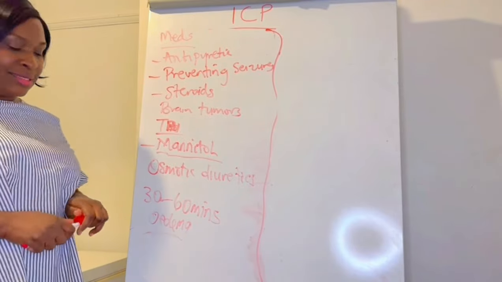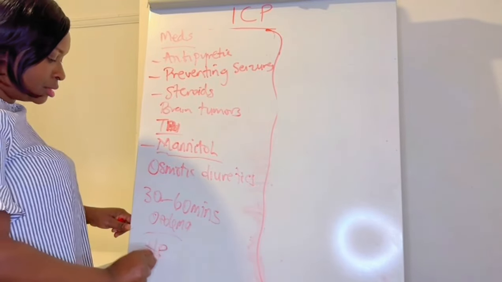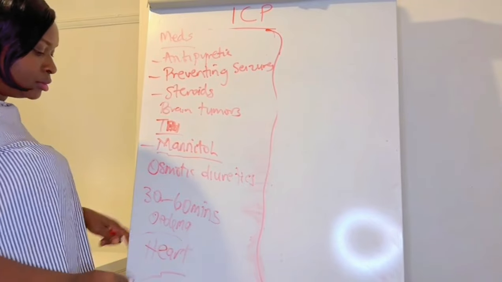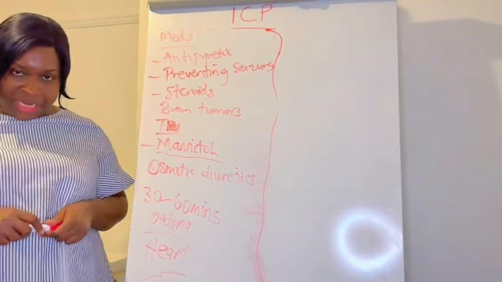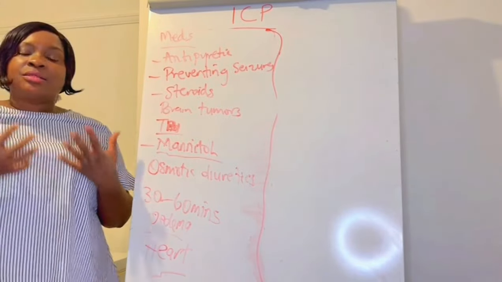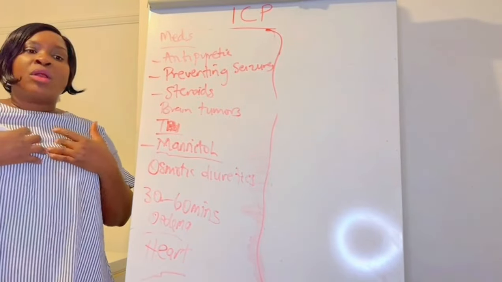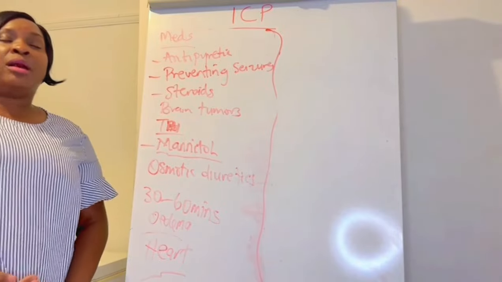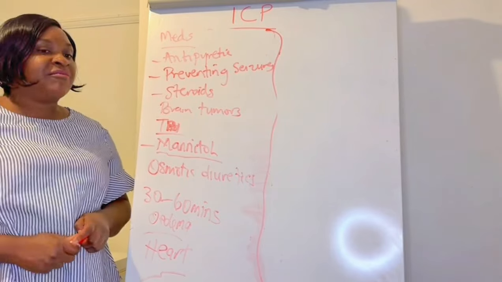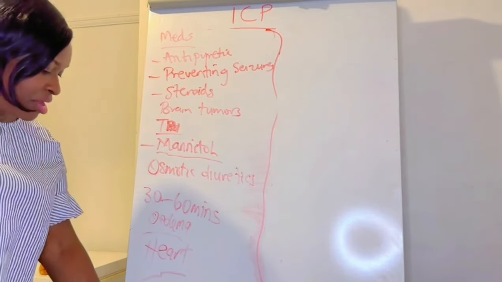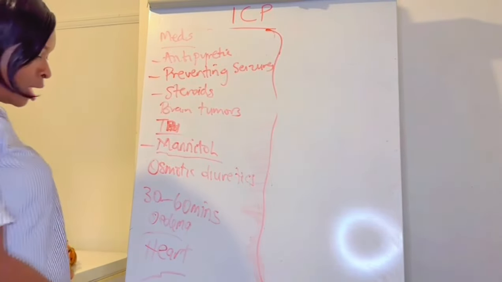So the heart is a problem when it comes to mannitol. That's the patient you need to watch out for heart failure, because it can take this fluid to the heart, and we're going to have pulmonary edema, and we are going to see this patient having heart failure. So very important, listen very well.